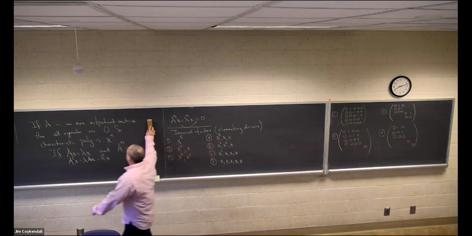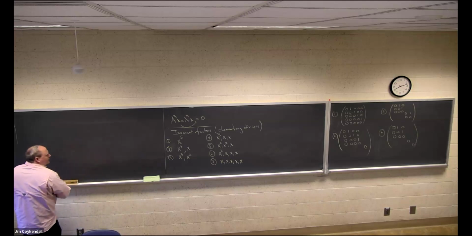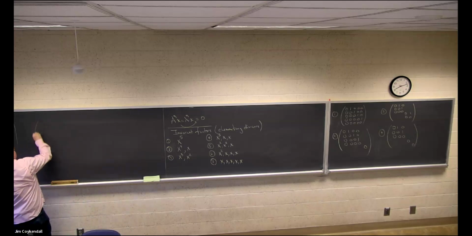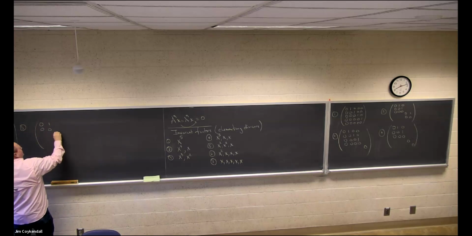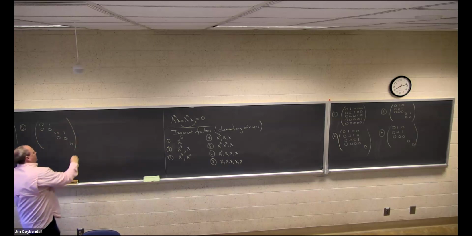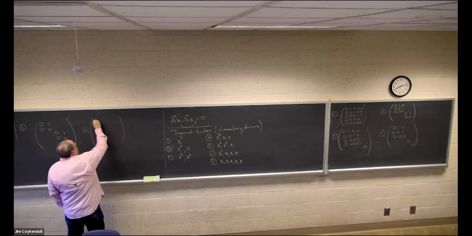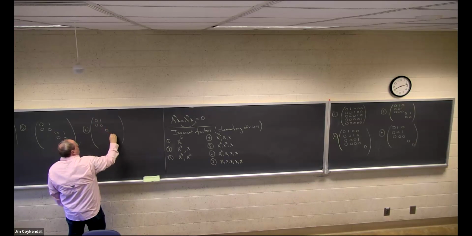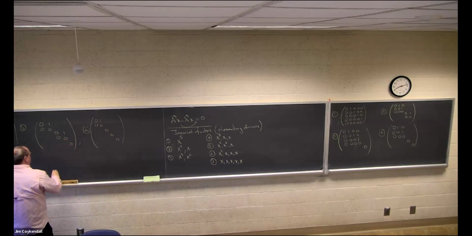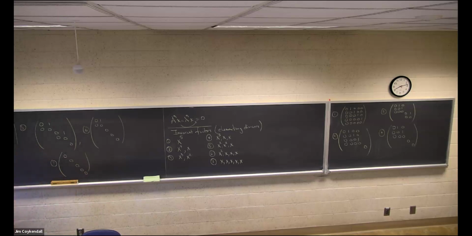In case five, I've got blocks, and then three blocks. And then seven. All zeros all the time, right?